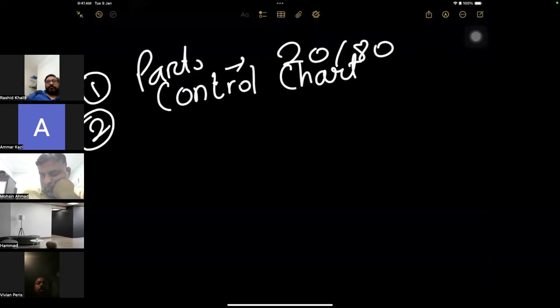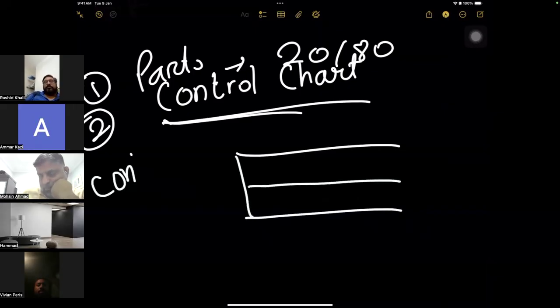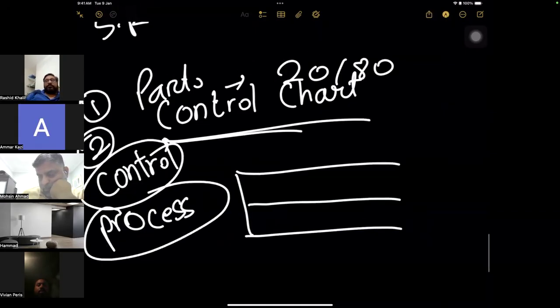What does a control chart mean? A control chart has an upper and lower control limit. This is used to control the process, to identify anything that goes out of the normal, and to identify the problem.